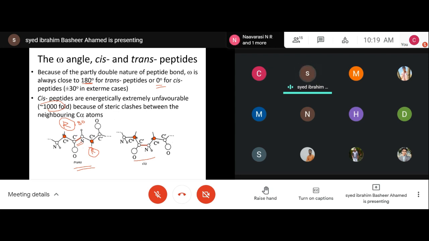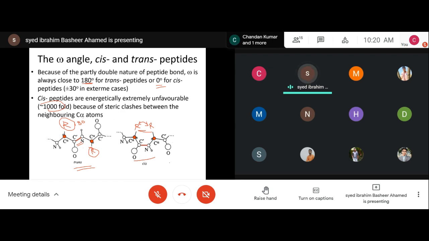But in the cis configuration, one R group is coming here and the second R group is coming here. So what will happen? You will have a steric clash between these two R groups, right? So energetically, this will be less stable, 1000 times less stable than the trans configuration.